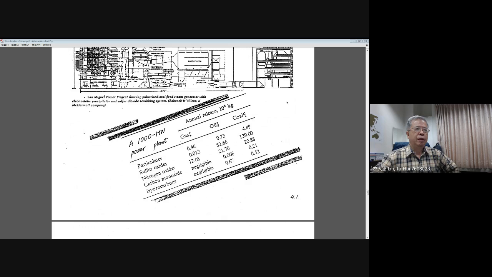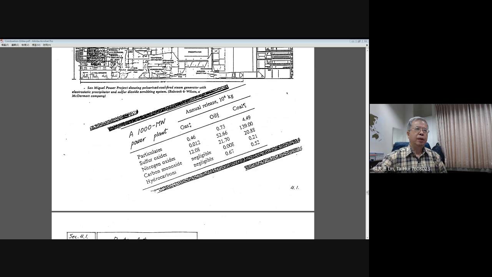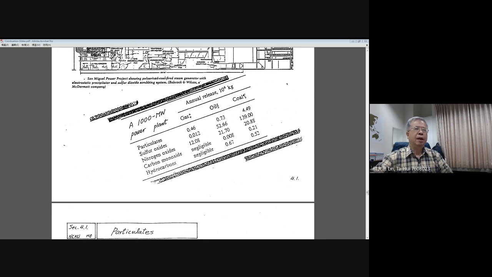of pollutants from burning gas, oil, or coal, you may have different results. For example, you can do the comparison for burning natural gas, oil, or coal, and the annual emissions release can be found from this table.